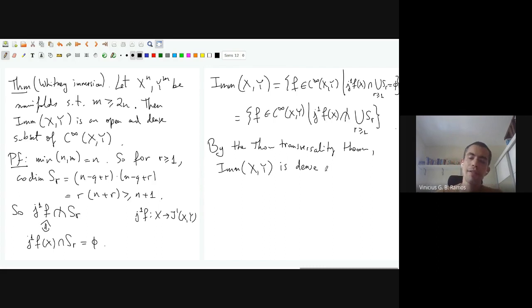We already showed that it's open, but alternatively, this thing here is a closed subset, so this is also open. Any questions about this?